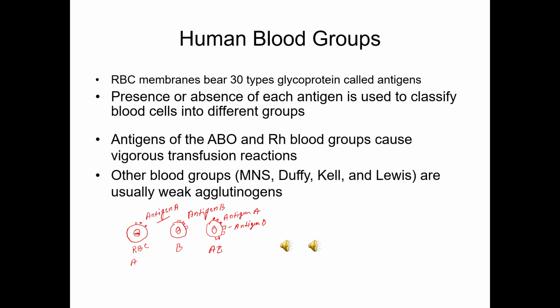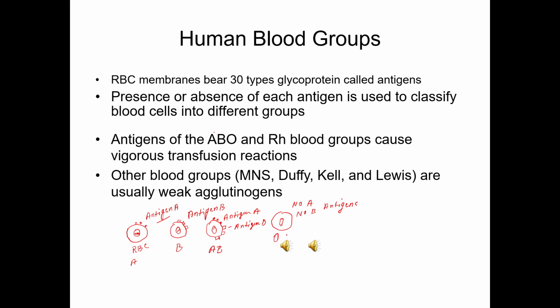And the last one, let's go back here. If someone's, this is another red blood cell, and on this one there is no A antigen, no B antigen, neither A nor B. So this person's blood type is what?